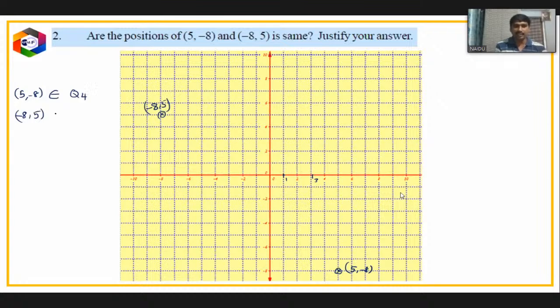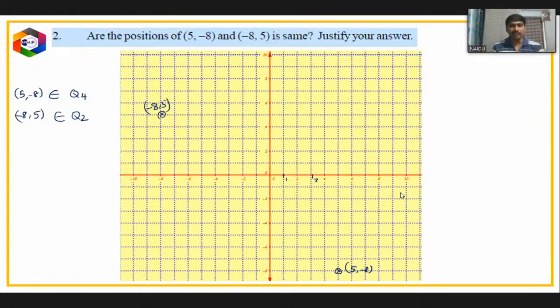Whereas (-8, 5), x is negative and y is positive, belongs to Q2. Therefore, these two are not the same. Since one point lies in Q4 and another lies in Q2, both will not be the same.